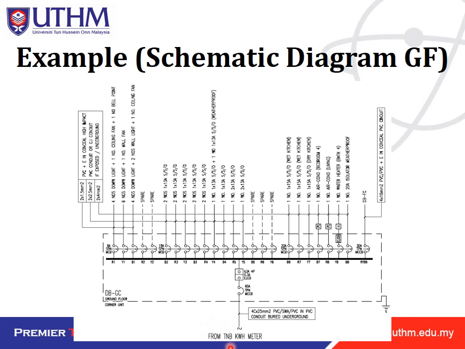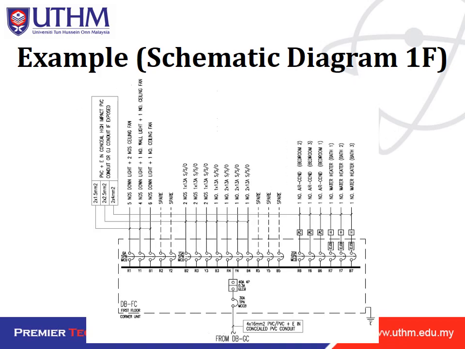We can see here from the ground floor, the schematic diagram is from the TNB kilowatt hour meter. And then, okay, this is the example of schematic diagram for the first floor. From the schematic diagram, we can see that the power source is from the DB at the ground floor.